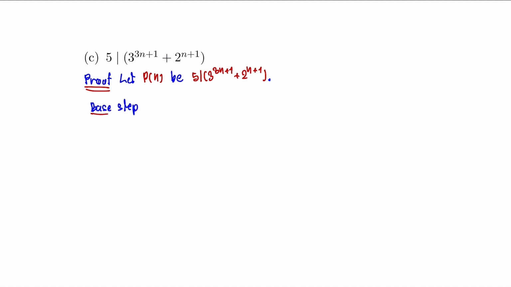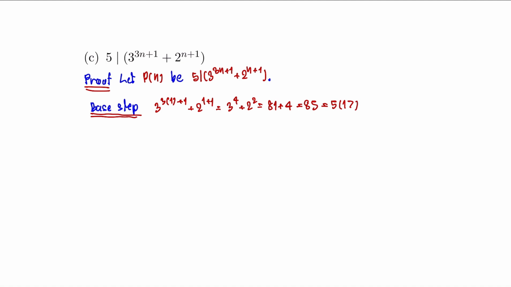For the base step, we need to start with n equals 1. So we're going to have 3 raised to the 3 times 1 plus 1 plus 2 raised to the 1 plus 1, which is 3 to the 4 plus 2 to the 2. 3 to the 4 is 81, 2 to the 2 is 4, which is 85. And 85 is 5 times which number? Let me think.